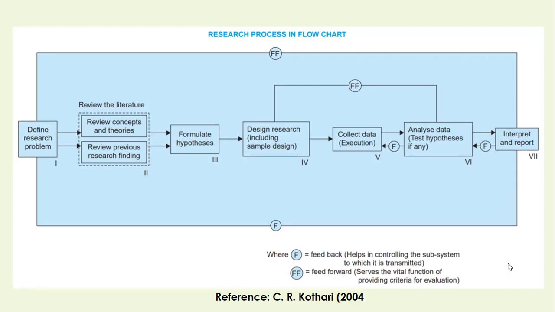If subsequent procedures have not been taken into account in the early stages, serious difficulties may arise, which may even prevent the completion of the study. So that's what I have previously mentioned, that you cannot jump up to the other process without doing the previous process. You cannot have the results and discussion if you have not gathered the data.